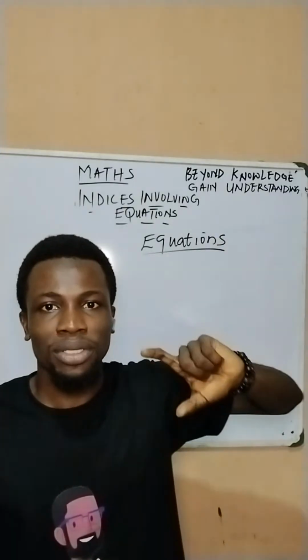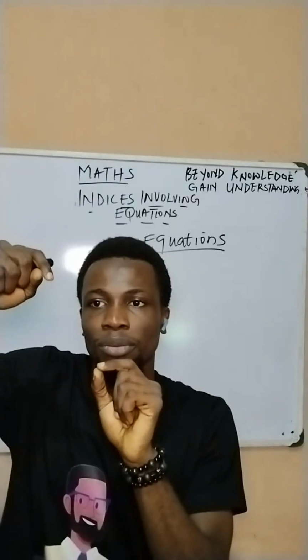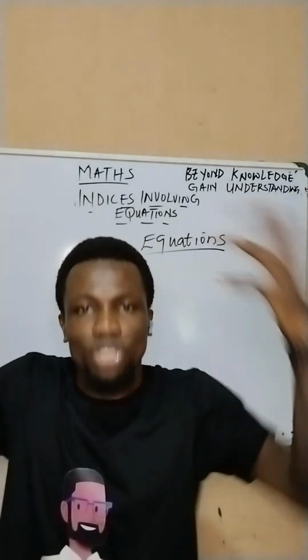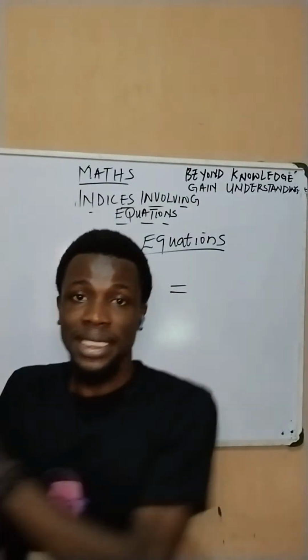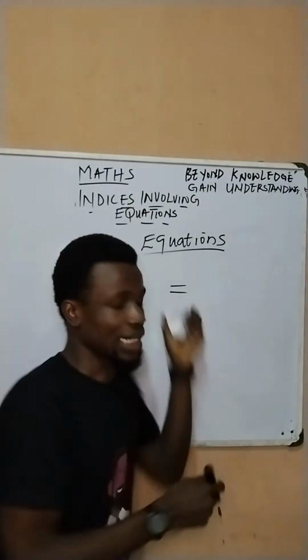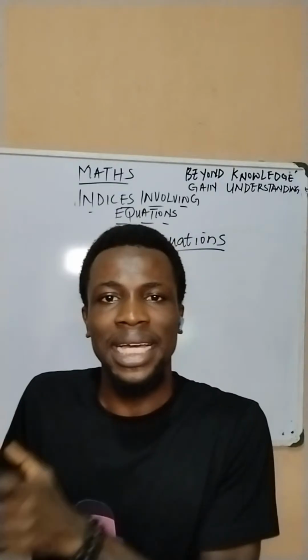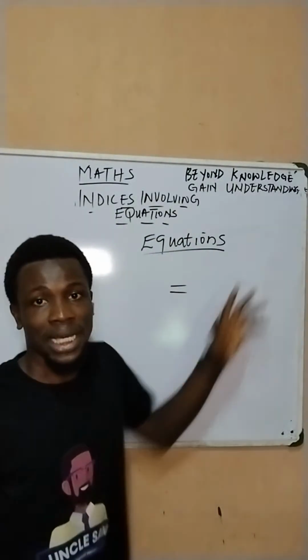The concept of equation comes from equality, and what makes it an equation is the equality sign. If I want to say that this thing is equal to this, I use the equality sign. The equality sign is just a comparison sign, trying to compare two things that are positioned on the two sides of it.